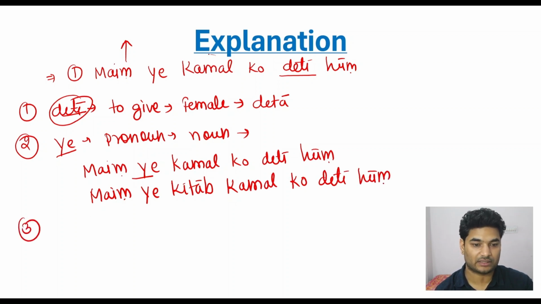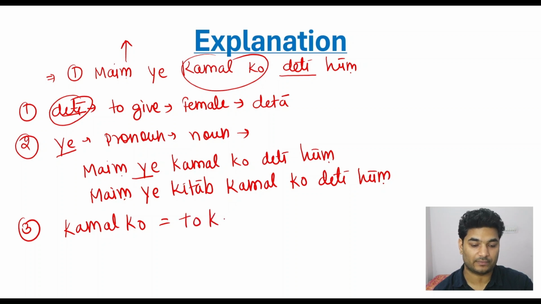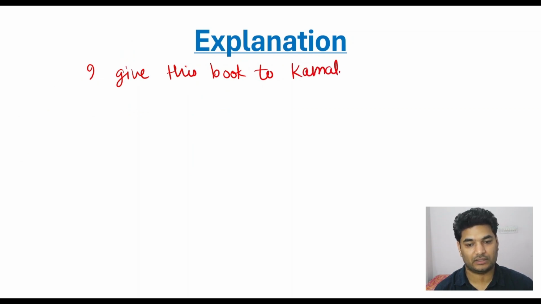And the third thing is Kamal ko. This is also new for you. Ko is a postposition, means to Kamal. मैं ये किताब कमल को देती हूँ. Right? I give this book to Kamal. That's the English translation.